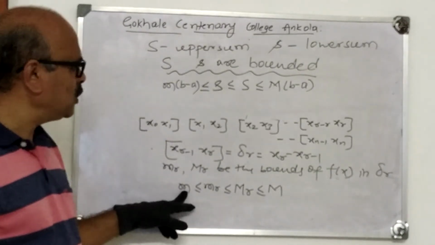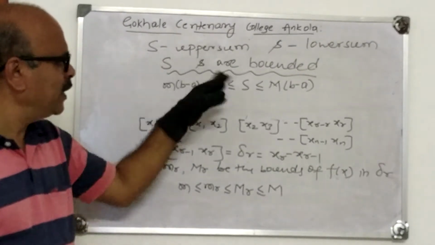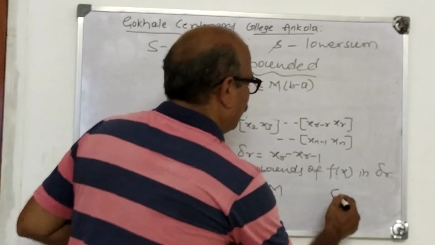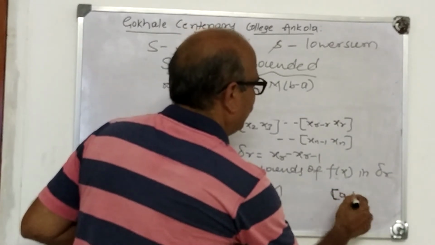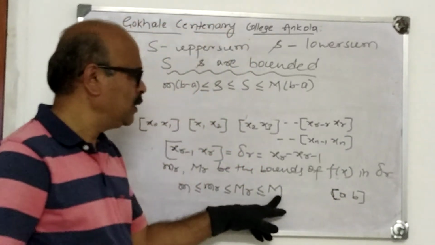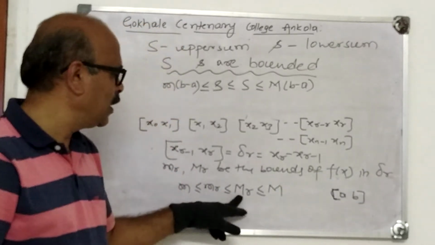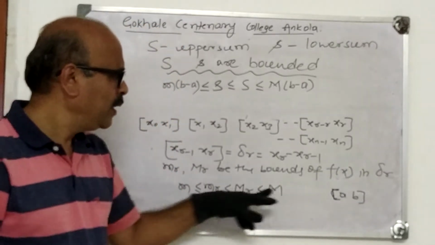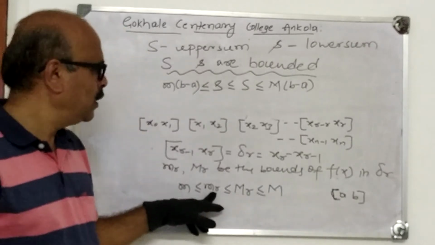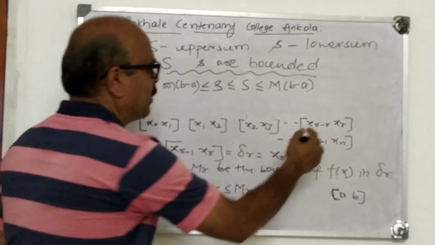Because small m is the lower bound of f(x) in the entire interval AB, and capital M is the upper bound of f(x) in the entire interval AB. But what are capital Mr and small mr? They are the bounds of f(x) in some subinterval.